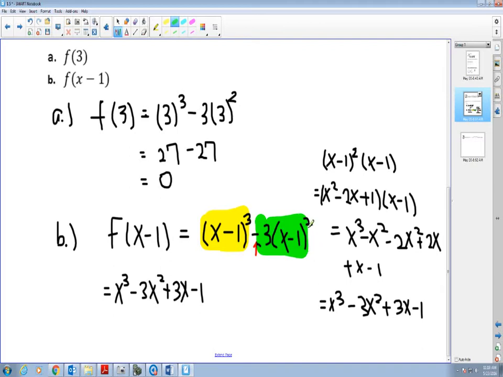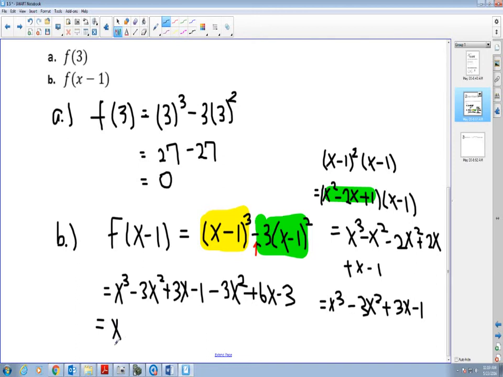Alright, my second term here in the expression, negative 3 times x minus 1 whole thing squared. Well, I know x minus 1 whole thing squared gives me this. Now we just need to times by negative 3. So negative 3 times x squared, negative 3x squared. Negative 3 times negative 2x, positive 6x. And I get a negative 3. Combine like terms.